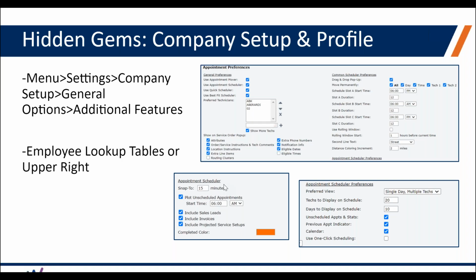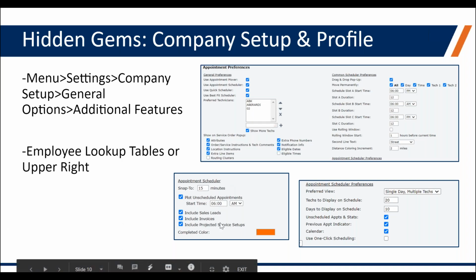Let's say you haven't generated yet for March, which you would ideally be doing towards the end of this month. If you turn this option on in your company's setup options and save it, when I go to March on my appointment scheduler, it's going to show an SS to the left of those orders, which stands for those projected service setups.